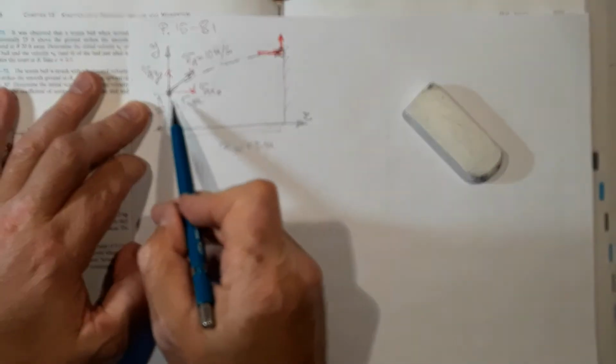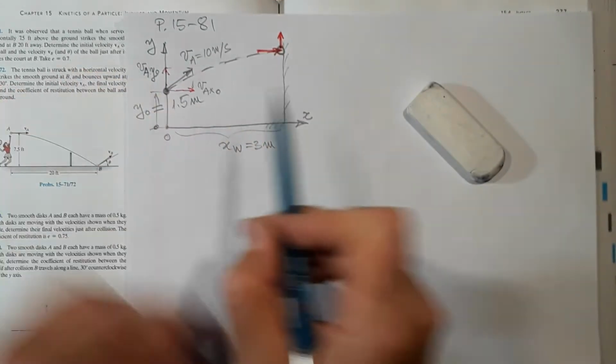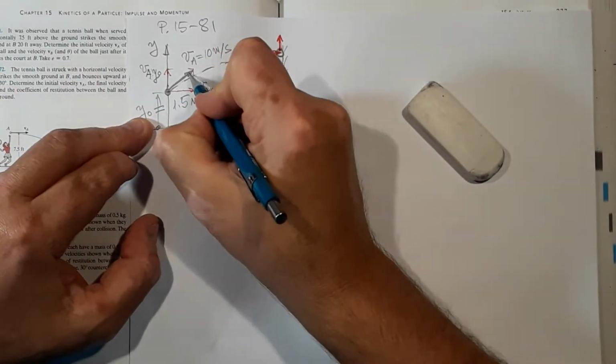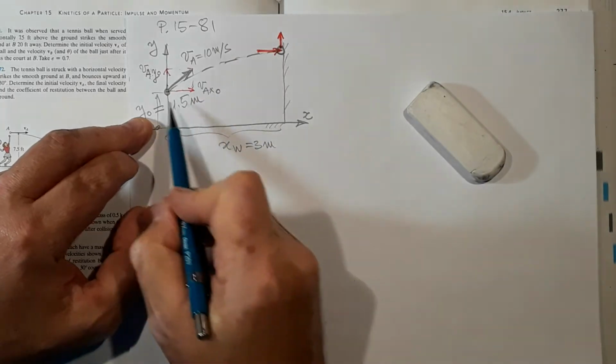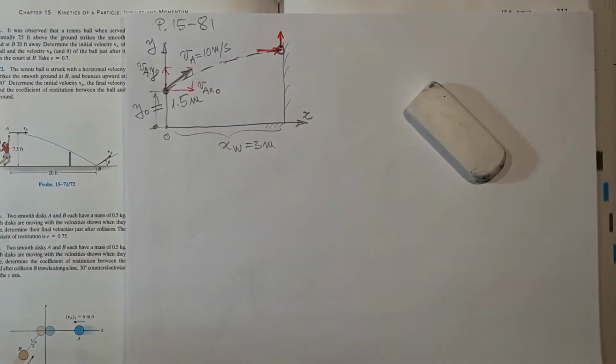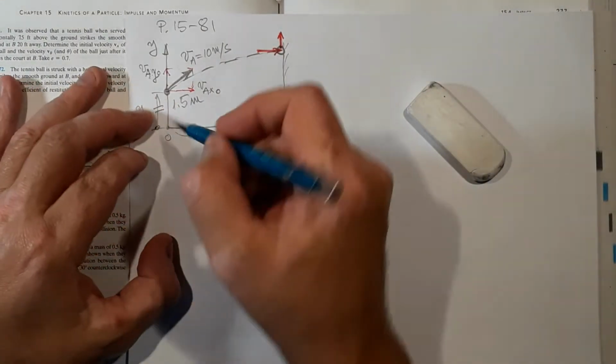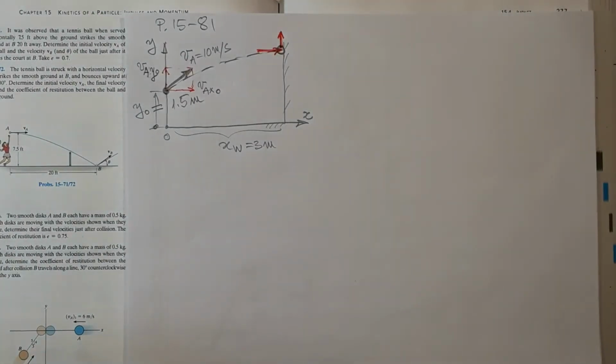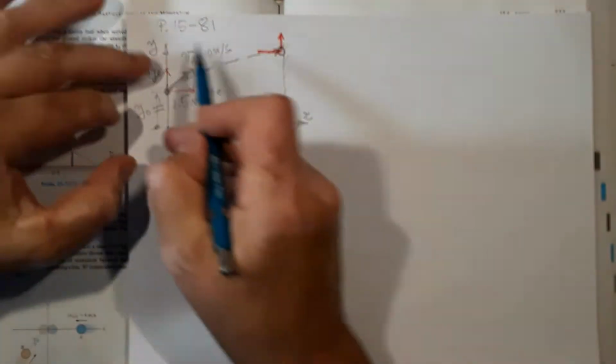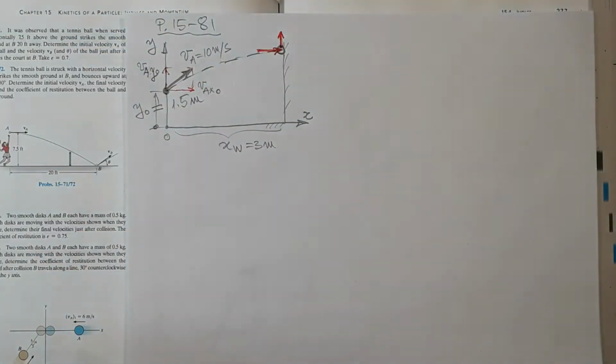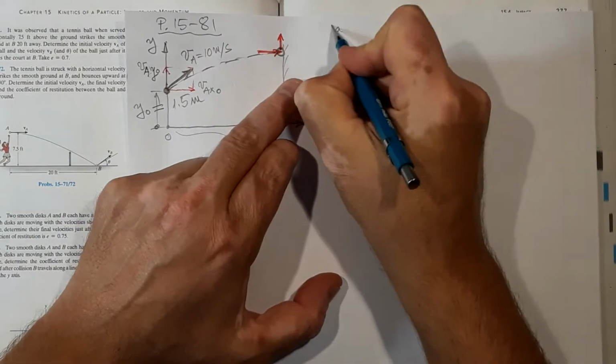Now, if we assume a combination of vertical and horizontal motion, neglecting air drag, the horizontal motion will be constant velocity. The vertical motion will be constant acceleration, negative, downward, equal to the acceleration of gravity. Okay, so part A, initial flight.